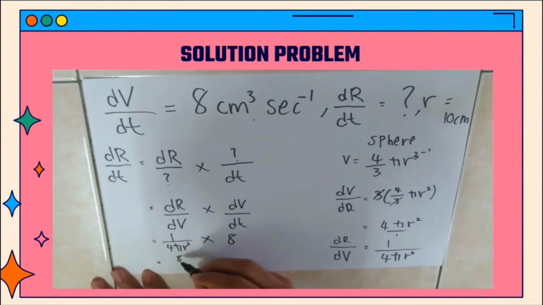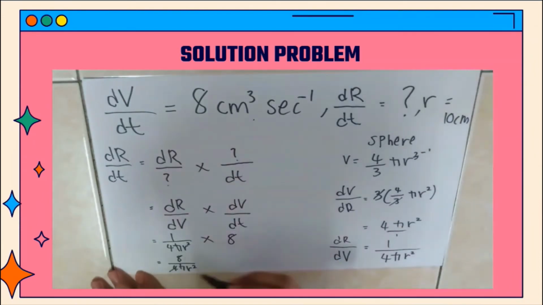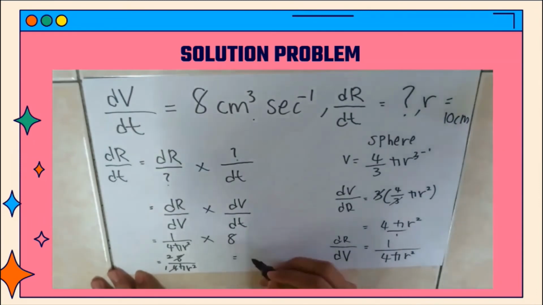So we get 8 over 4 pi r^2, and we can simplify it by dividing by 4, and we get the answer 2 over pi r^2.